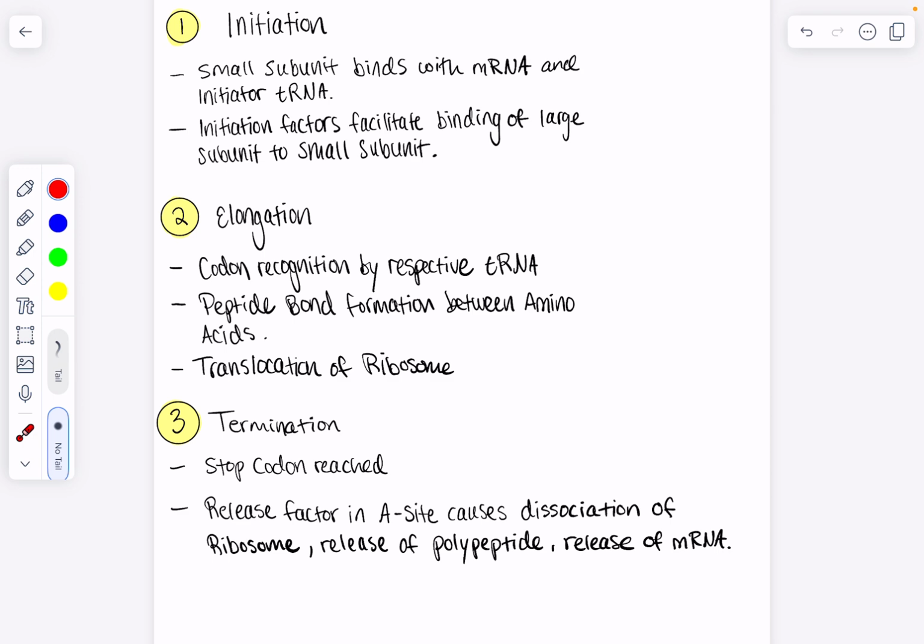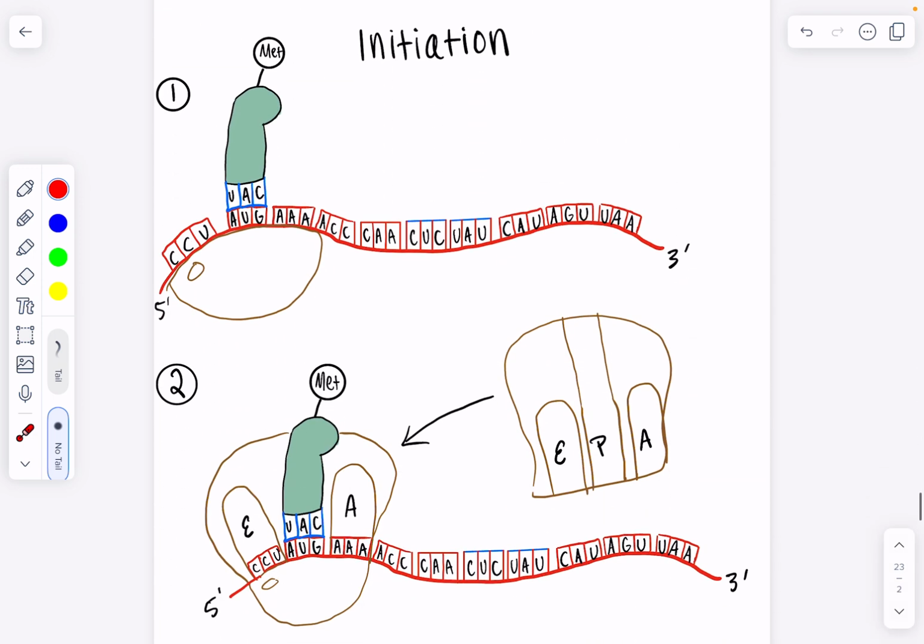Okay, so let's look at each step closer. Step number 1 of translation, we have initiation. So right here, we have the small subunit of the ribosome, and we have our mRNA strand, and we have our initiator tRNA right here.